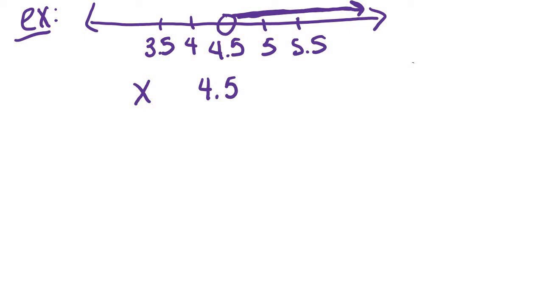So it's just greater than or less than. All right, now we got to figure out which one it is. So x is all these numbers over here on this side to the right. So x is 5, 5.5, whatever. So x is greater than 4.5 is our answer.